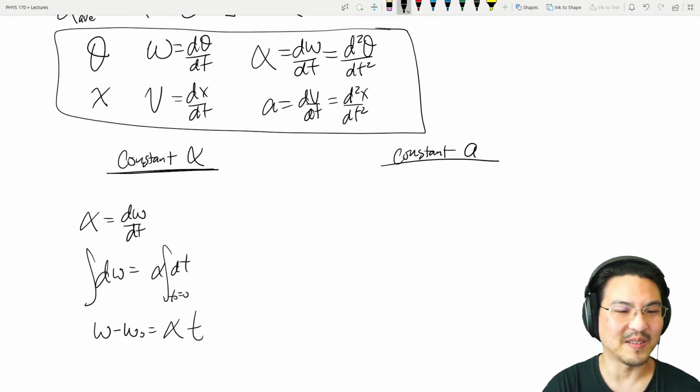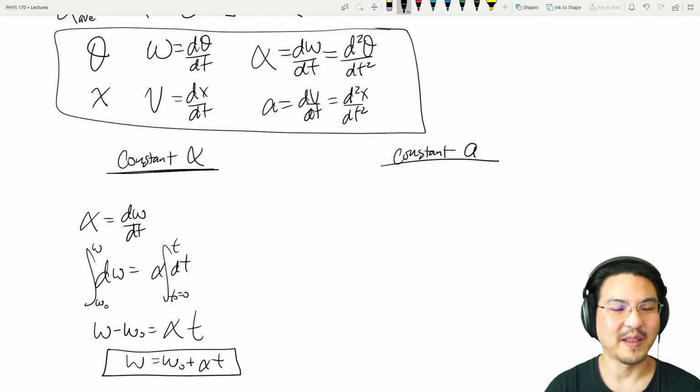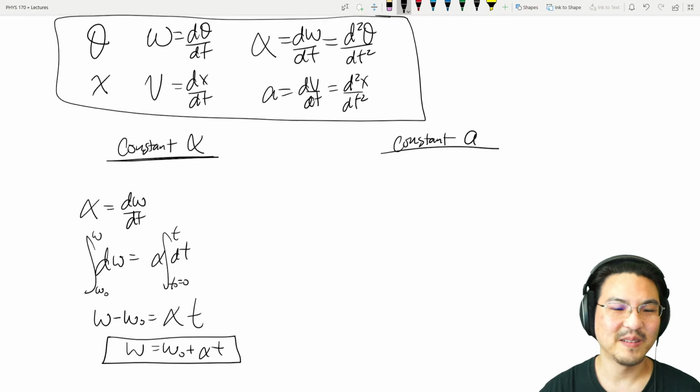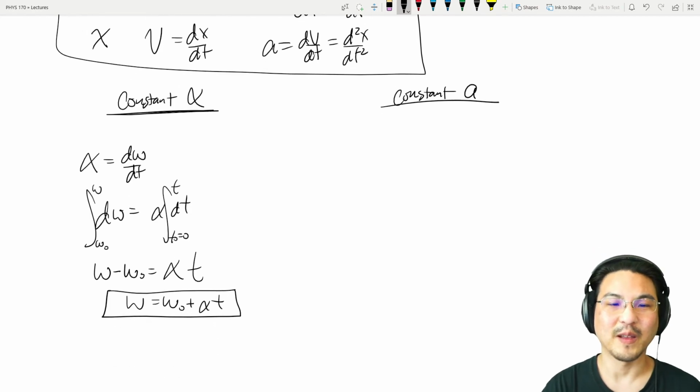If I say t naught is 0, and move this on the other side, and here we go. This is angular velocity if angular acceleration is constant.